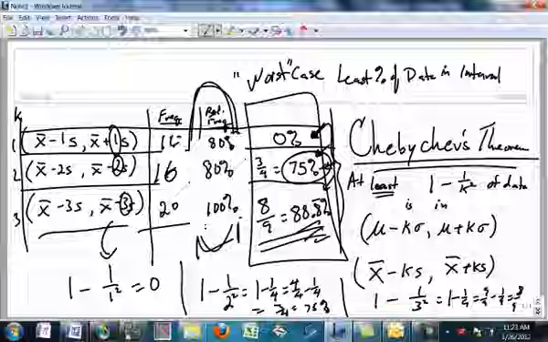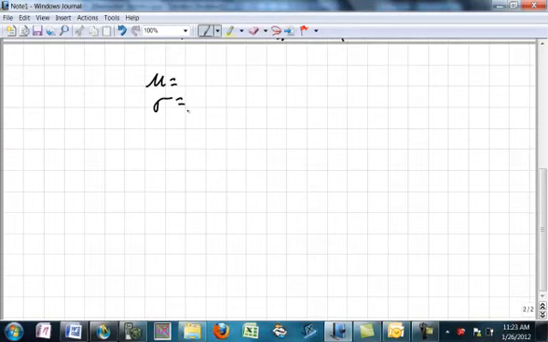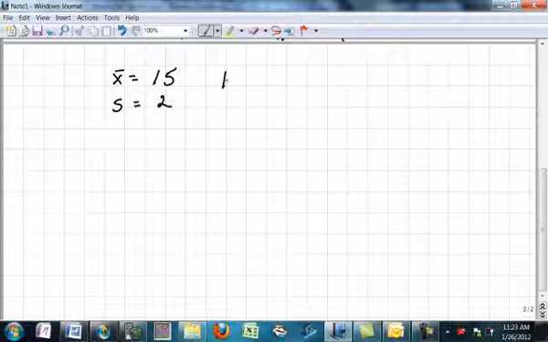Okay, so what can we do with this, for example? Well, let's suppose we know the mean and the standard deviation of a population, or let's just say it's for a sample. So the mean, let's say, is 15, and the standard deviation of the sample is 2. Okay, let's figure this out.